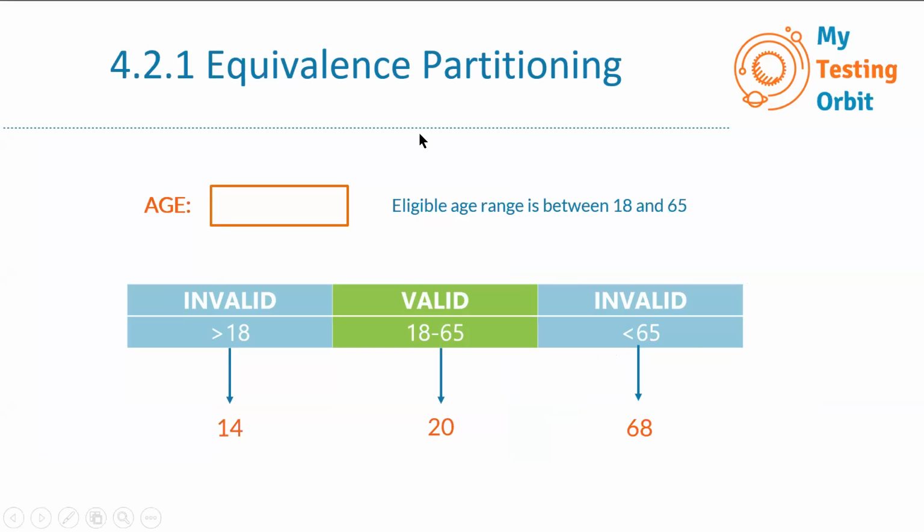What we do in equivalence partitioning is divide the input values into sets of partitions, as the name suggests, like groups. And these partitions are also known as equivalence classes.